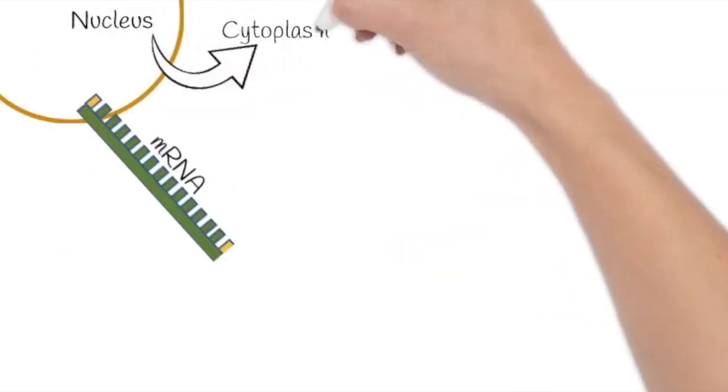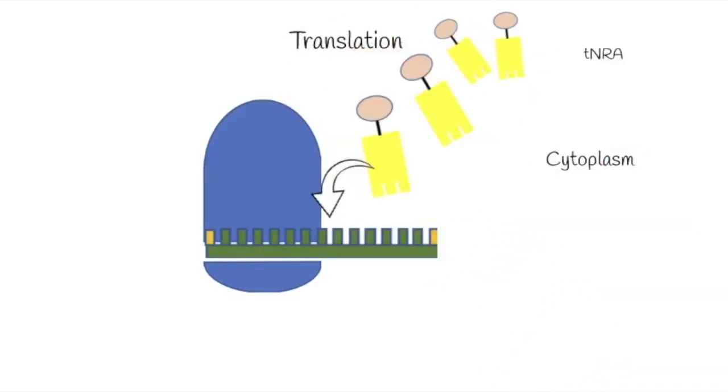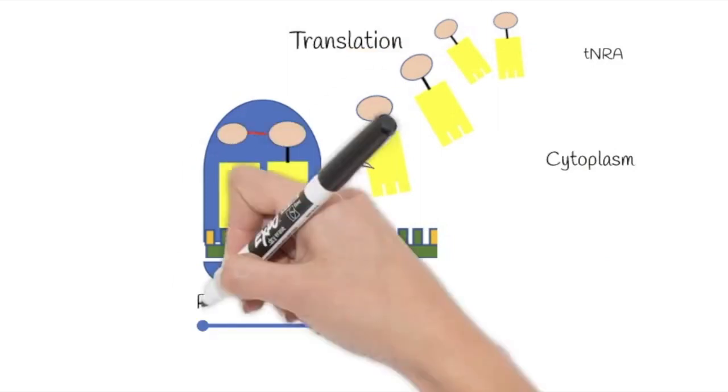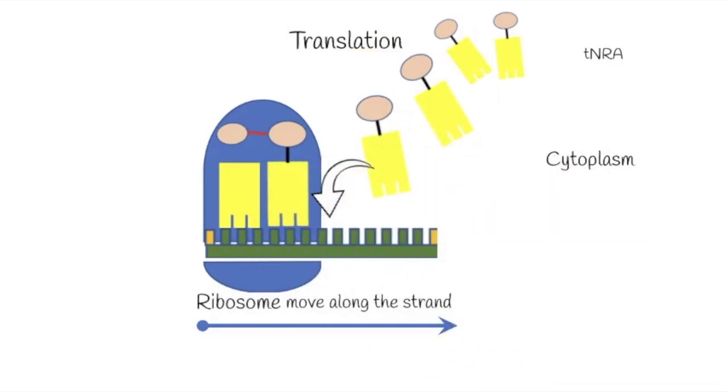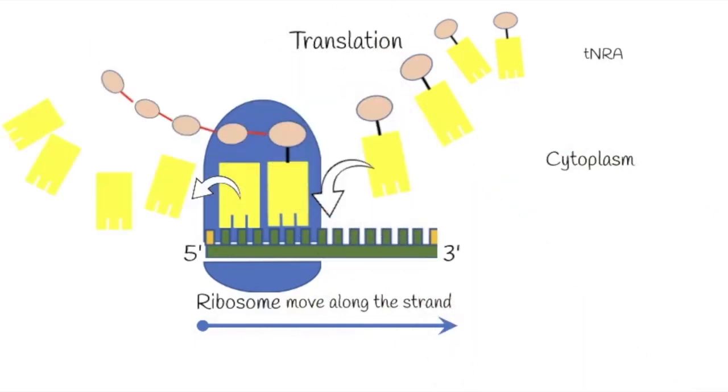the cytoplasm. Translation occurs in the cytoplasm, where tRNA is floating around. When mRNA reaches the ribosome, this process begins by joining the tRNA with the respective mRNA codon. The ribosome will move along the chain from the 5' end to the 3' end until finding the stop codon.